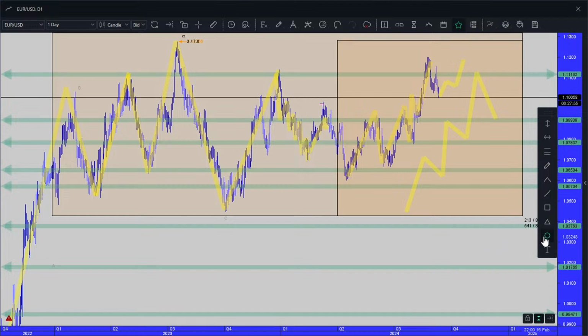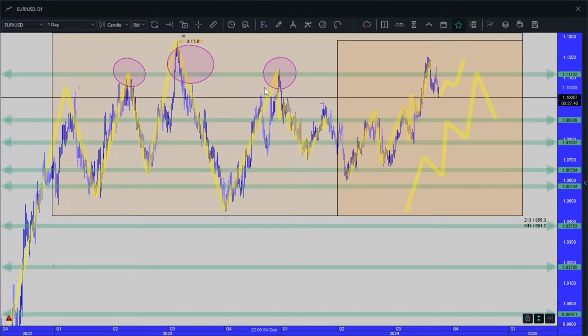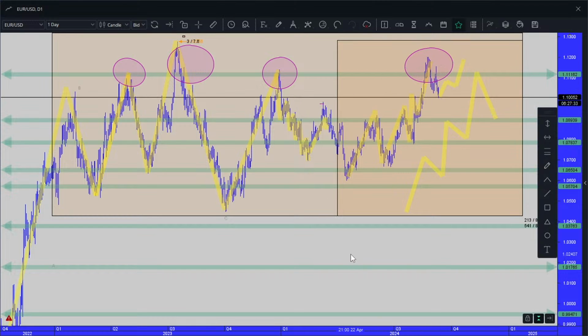But at the same time, if you see the bigger picture, you are going to see the market came up to this level, reacted, went down. The market went up to this level, reacted, went down. The market went to this level, reacted, went down. And now it's the fourth time that the market reacted and it's falling down. Agreed?